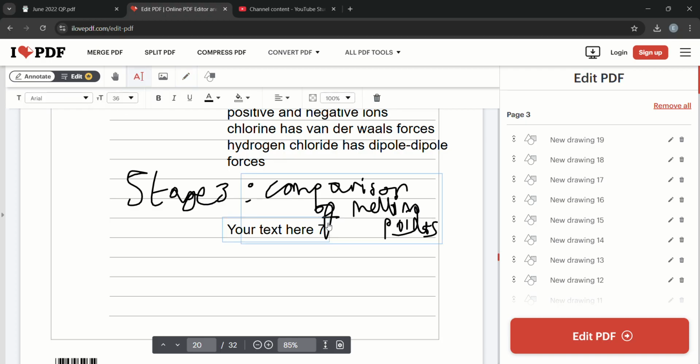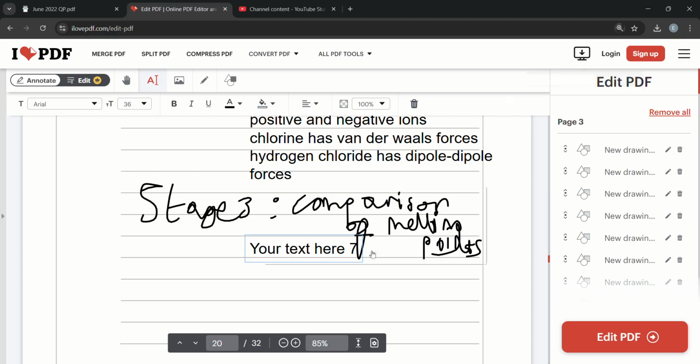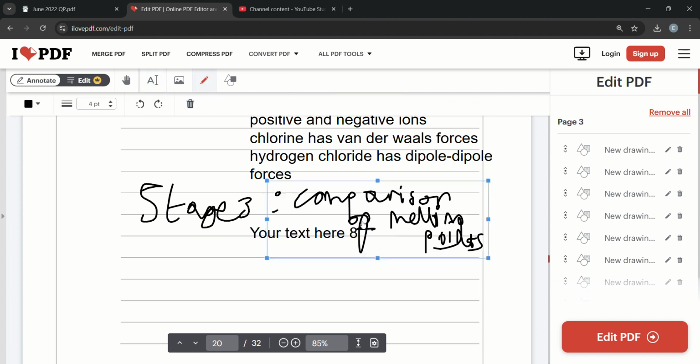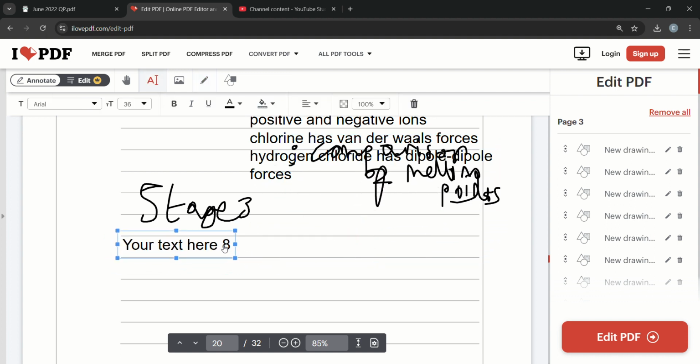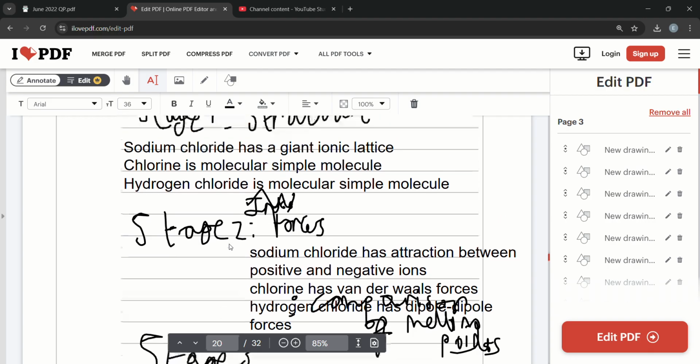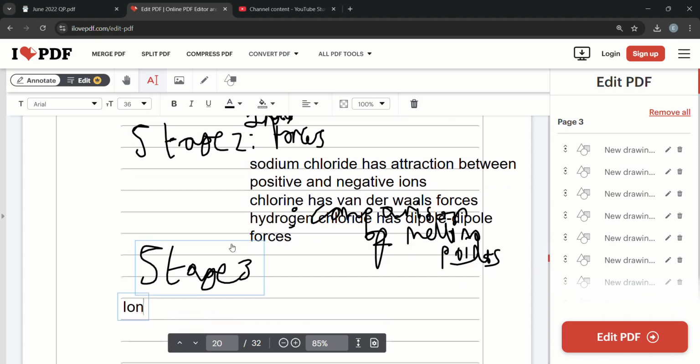Okay, I don't know what just happened there. I think it just zoomed in by 10%, but it's fine. We know that because sodium chloride has a giant ionic lattice, it's got ionic bonds, and ionic bonds are stronger than the intermolecular forces.